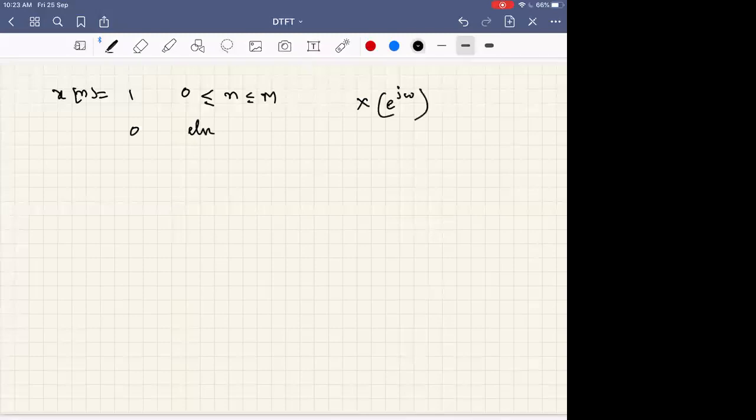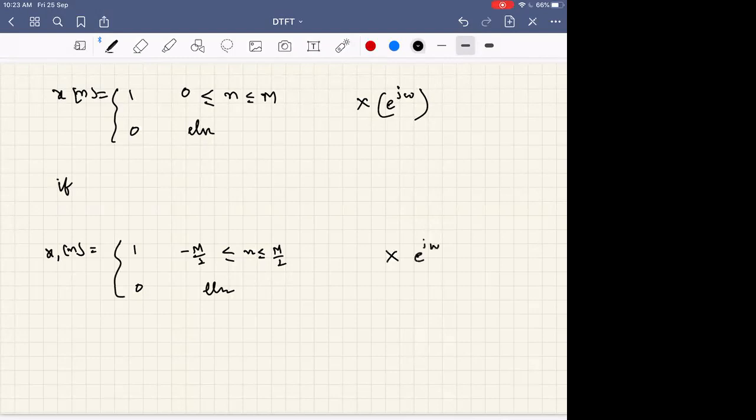After that, if x1 of n is given as 1 for minus m by 2 to m by 2, with m even, and 0 else, what will be x1 of e power j omega in terms of x of e power j omega?